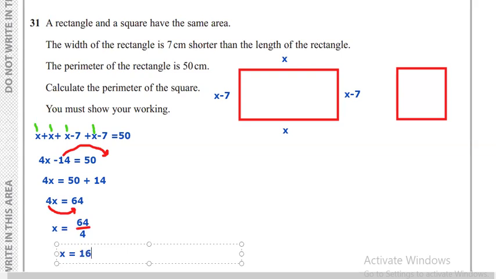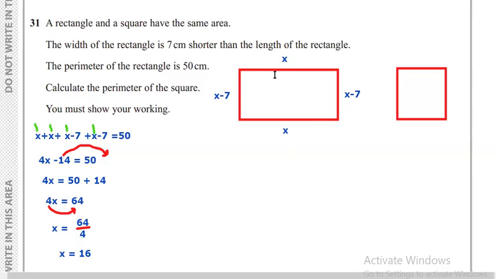So now we have the value of x. So if x is 16, this means what? It means this one is 16, this one is 16, and this one is 16 minus 7, and this one is 16 minus 7. So let's write the real values of each one of them. I'll use another color so you get the idea. So here, I'll make it red.